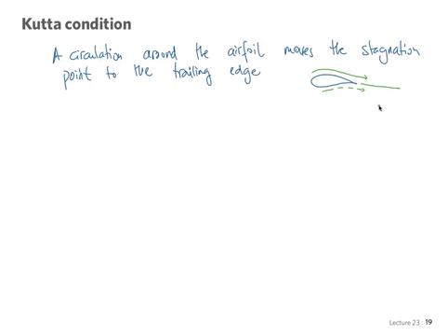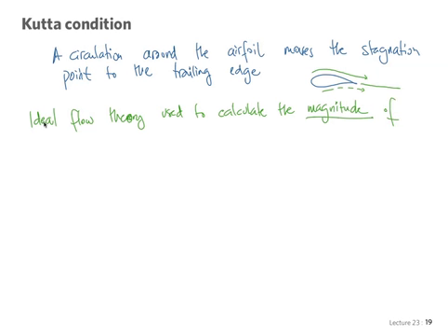So what happens when we use ideal flow theory to calculate the magnitude of the circulation required to produce this separation just at the trailing edge? It gives the following result.